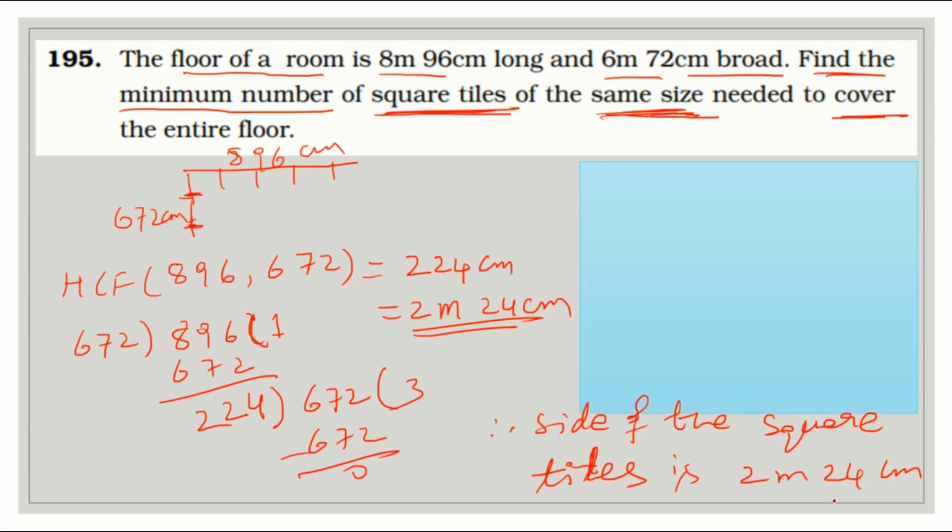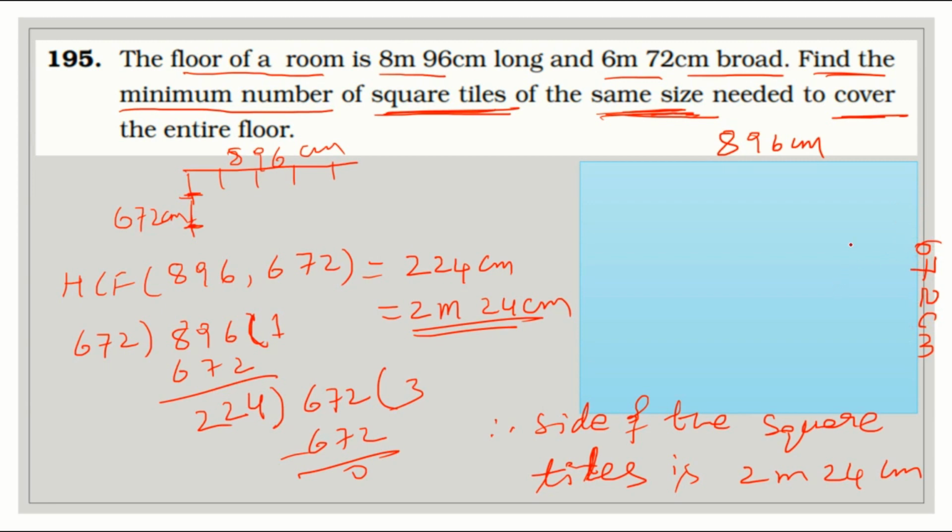If you want to know, here is an 896 centimeter long rectangular room, and here 672 centimeter is the breadth of that room.